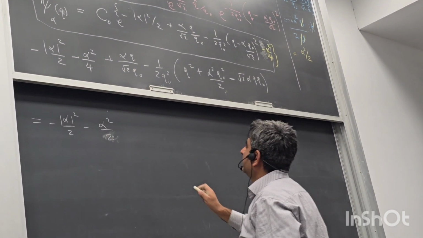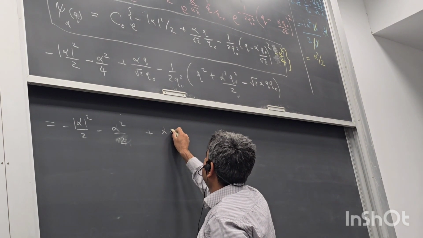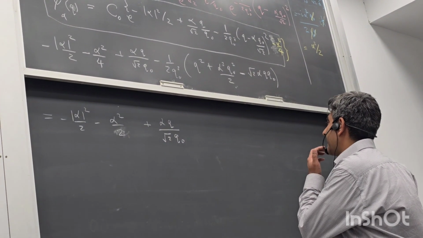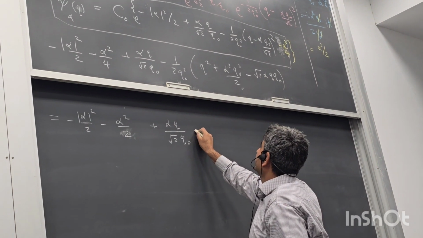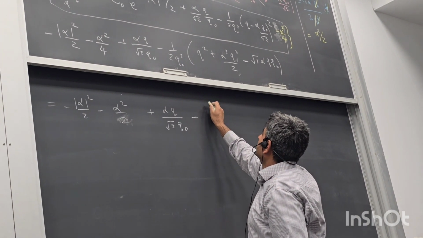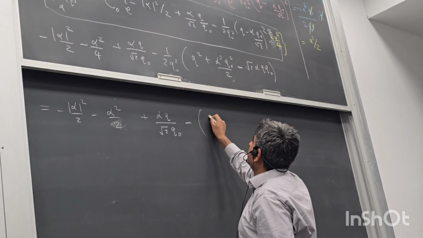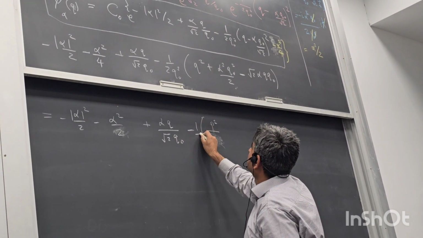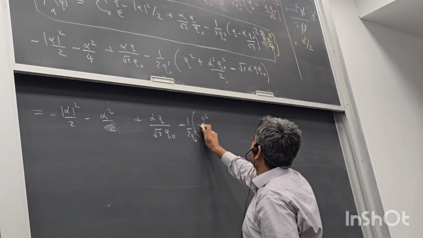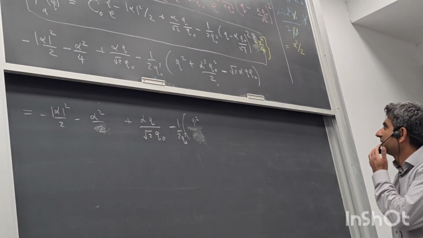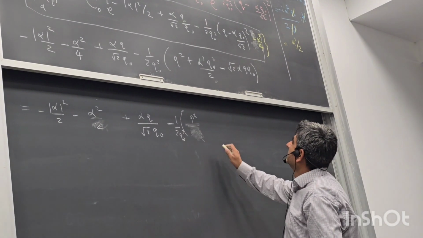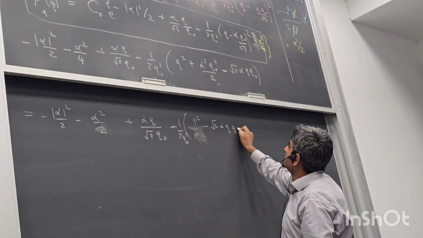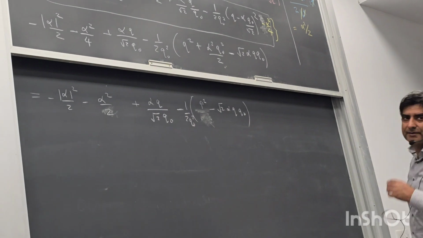So I'm left with plus alpha q over under root 2 q naught minus q square over 2 q naught square. Let's keep this outside, the q square term has gone outside, minus 2 alpha q q naught. Correct?